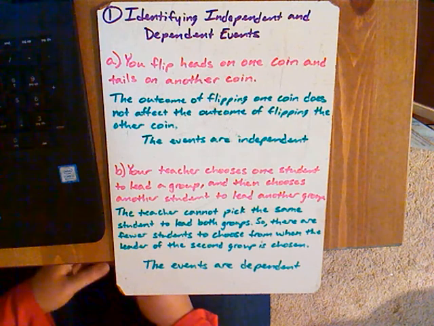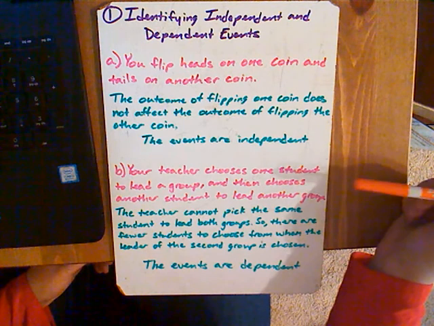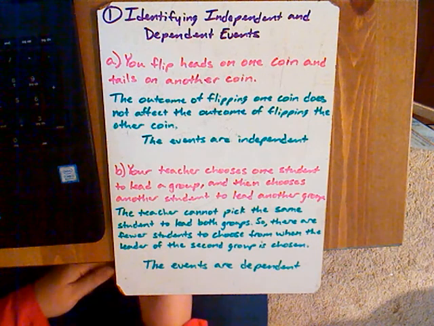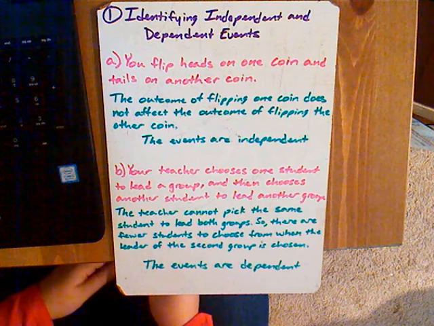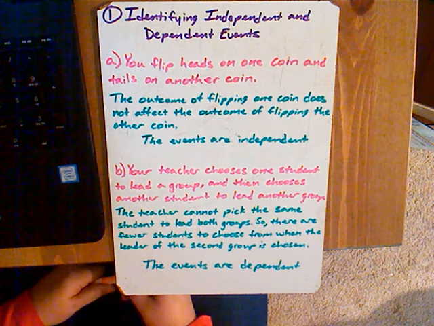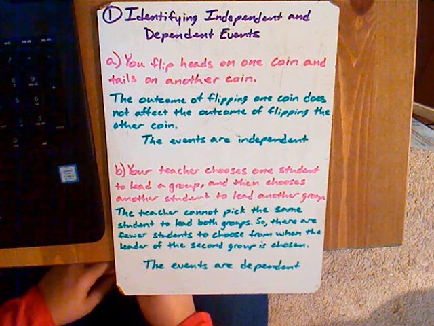So those are independent events. B, on the other hand, your teacher chooses one student to lead a group and then chooses another student to lead another group. When we look at this one, the teacher cannot pick the same student to lead both groups. So there are fewer students to choose from when the leader of the second group is chosen.